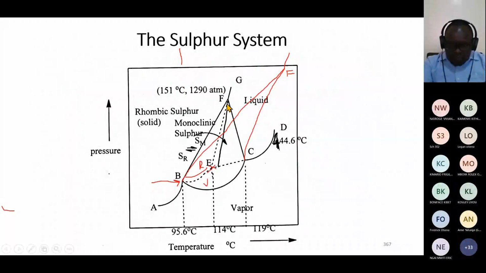Just take note that the line FG was the line indicating equilibrium between rhombic sulfur and liquid sulfur. This line has been extended into the metastable region, so in this region it will still represent equilibrium between the rhombic sulfur and liquid sulfur.